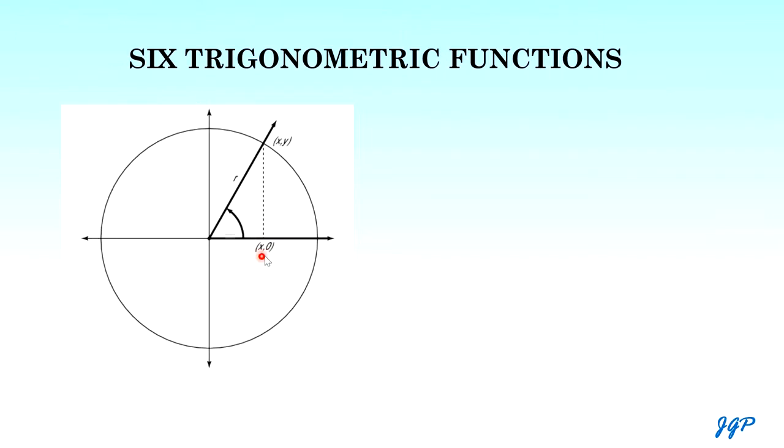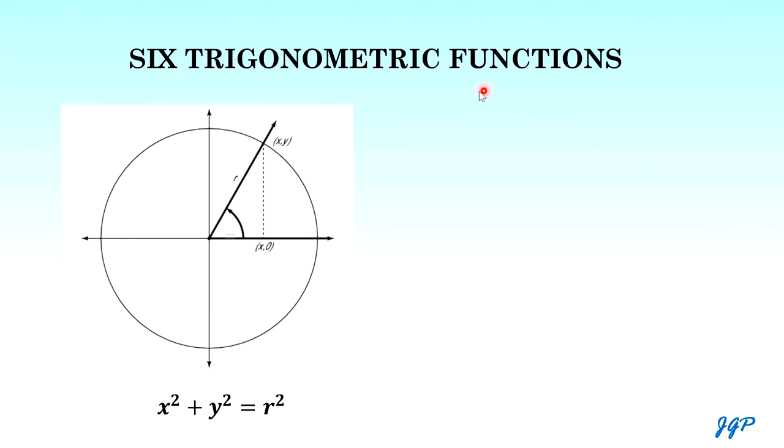Having this right triangle, the Pythagorean equation x squared plus y squared is equal to r squared can now be used to find the missing side of this triangle. And based on this equation, and the coordinates of x and y, where the terminal side of the angle intersects the circle, the 6 trigonometric functions of angle theta are defined.